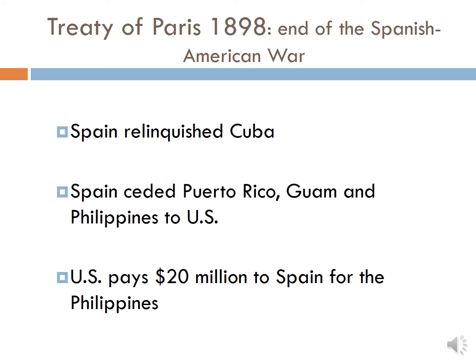But before we move on, just know that the importance of the Spanish-American War is the Treaty of Paris of 1898 and the fact that the United States is going to gain territories in Puerto Rico, Guam, and the Philippines. And in addition to that, it will gain a certain amount of control over Cuba.